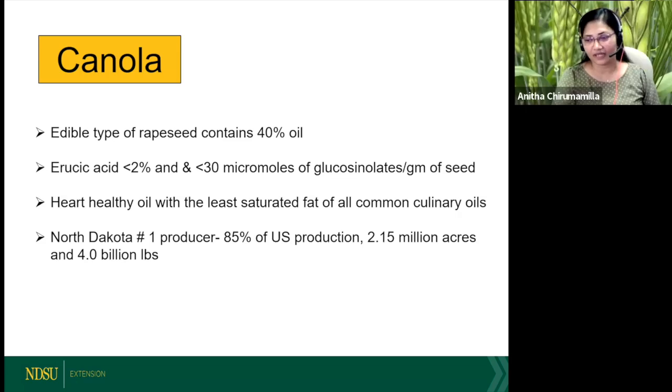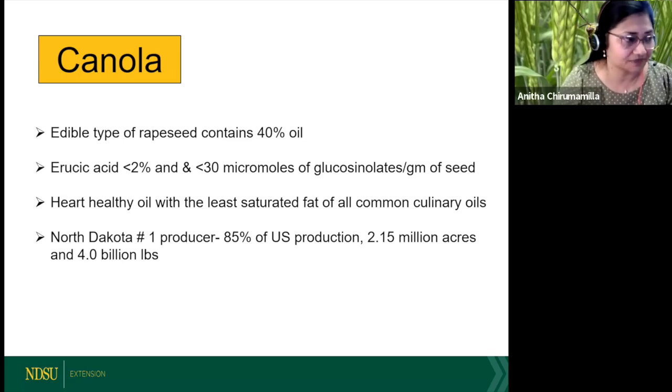And also, again quoting Barry, North Dakota is the lead producer of canola in the United States with approximately 85% of US production. Just in 2024, we grew 1.5 million acres and produced about 4 billion pounds of canola in North Dakota.